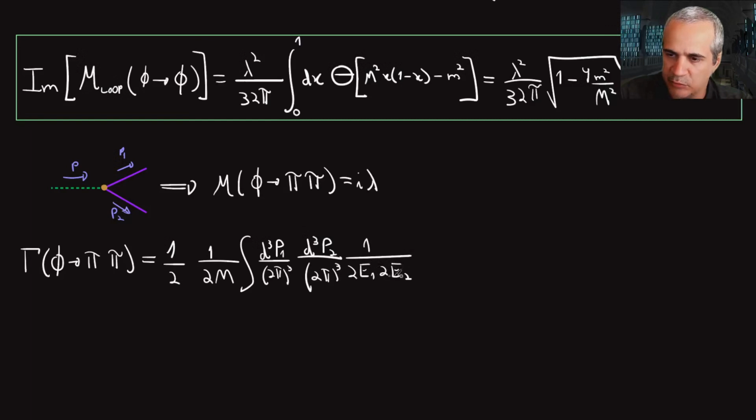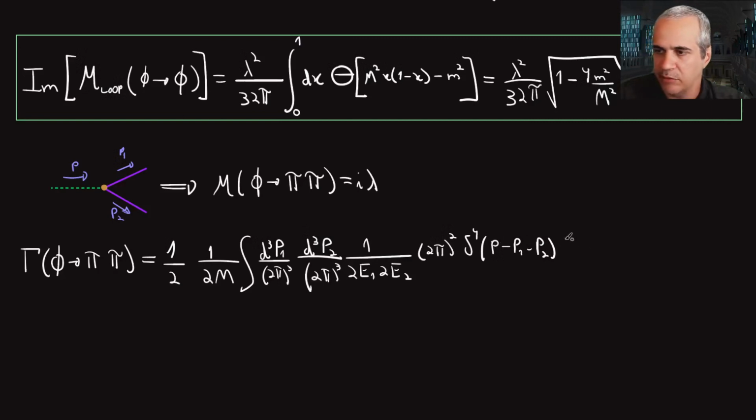All these indexes 1 and 2 refer to the momenta and energy of the final particles here. Then there's conservation of total momentum, delta 4 of p minus p1 minus p2. And of course, this matrix element squared, which is just lambda squared.